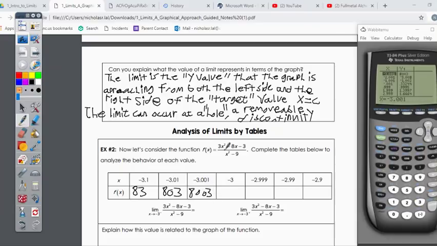At negative 3, we'll just look at negative 3 here. Does not exist. Think about what would happen if you divide by 0 here, since negative 3 squared minus 9 is 0. DNE.